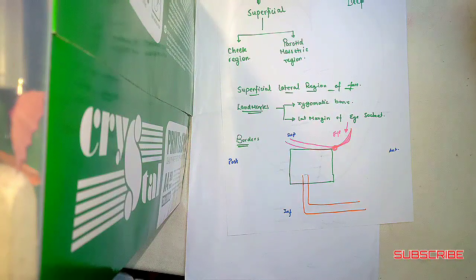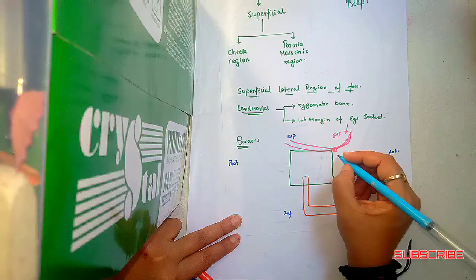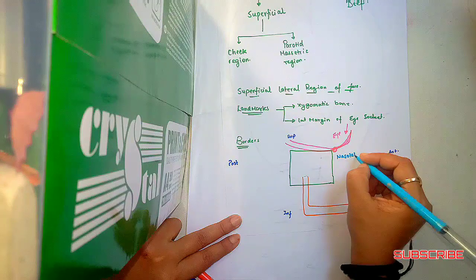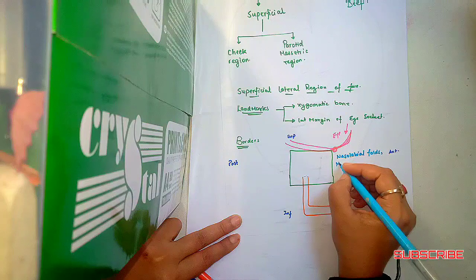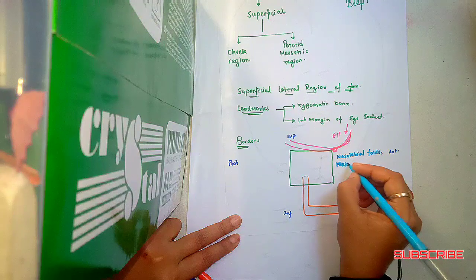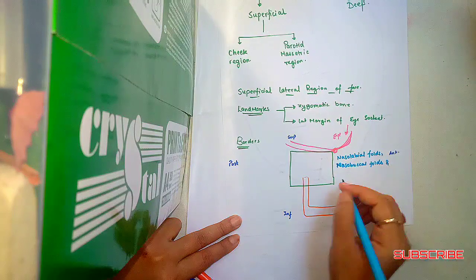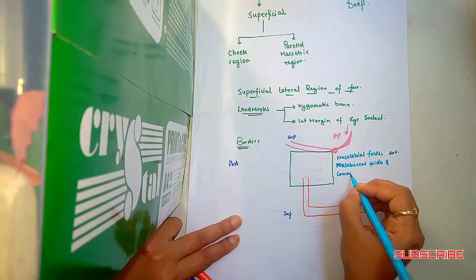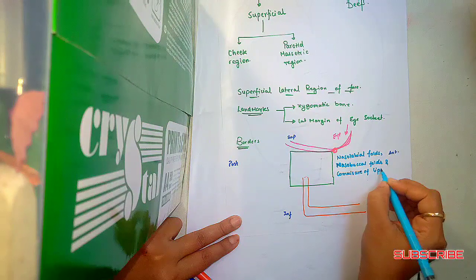Now anteriorly we have the nasolabial folds and nasobuccal folds, and the commissure of lips.